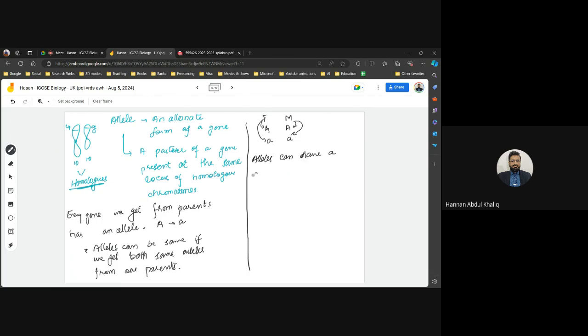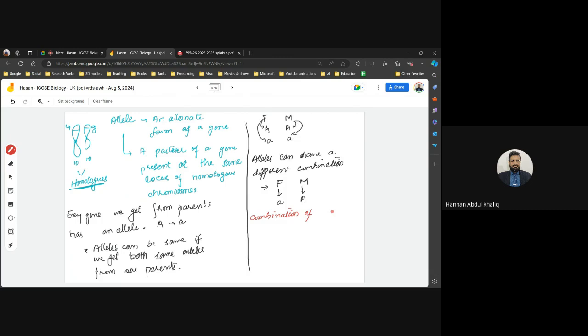But at the same time, alleles can have a different combination. We get small a from father and capital A from mother, or maybe other way around. So we use technical terminologies for this.